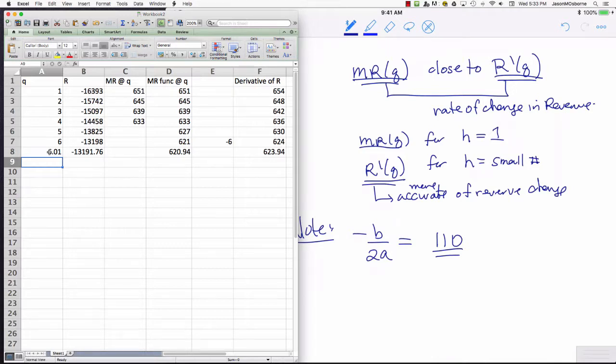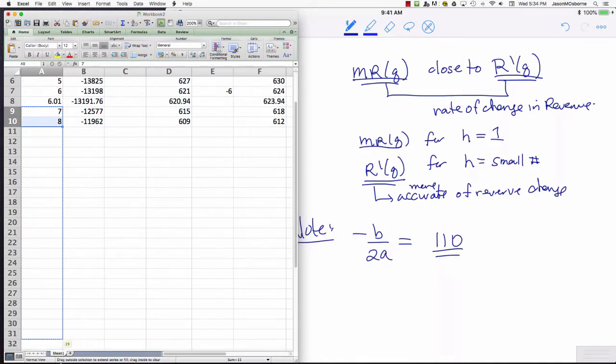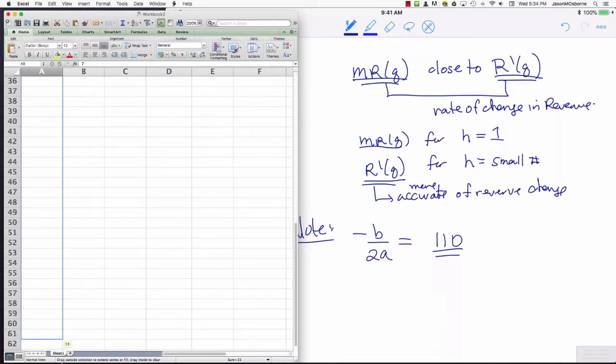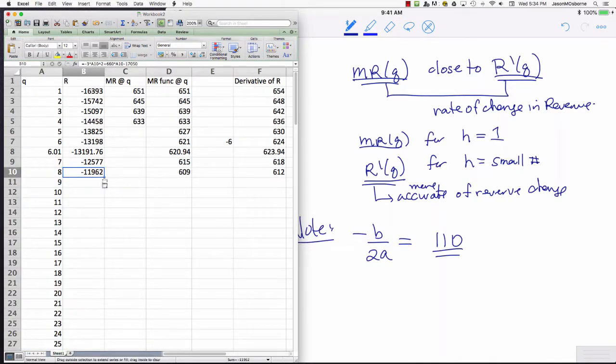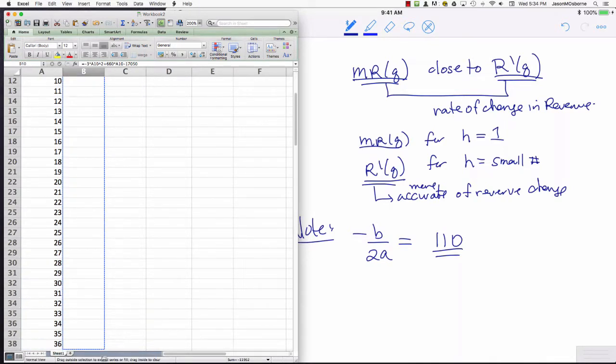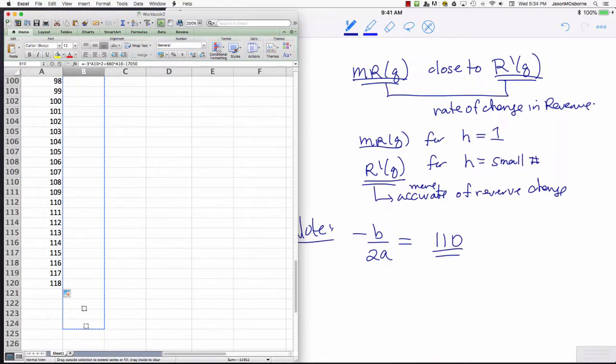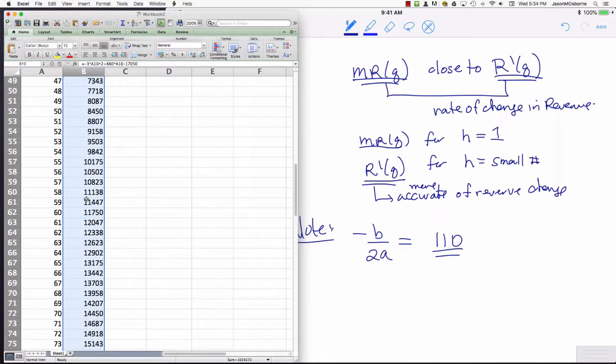That says that if we plot the revenues out to 110, maybe even a little bit further, past 110, we'll go to 118. Go back here and bring our revenues down to about 100, and there we go, 118. There are all your revenues.